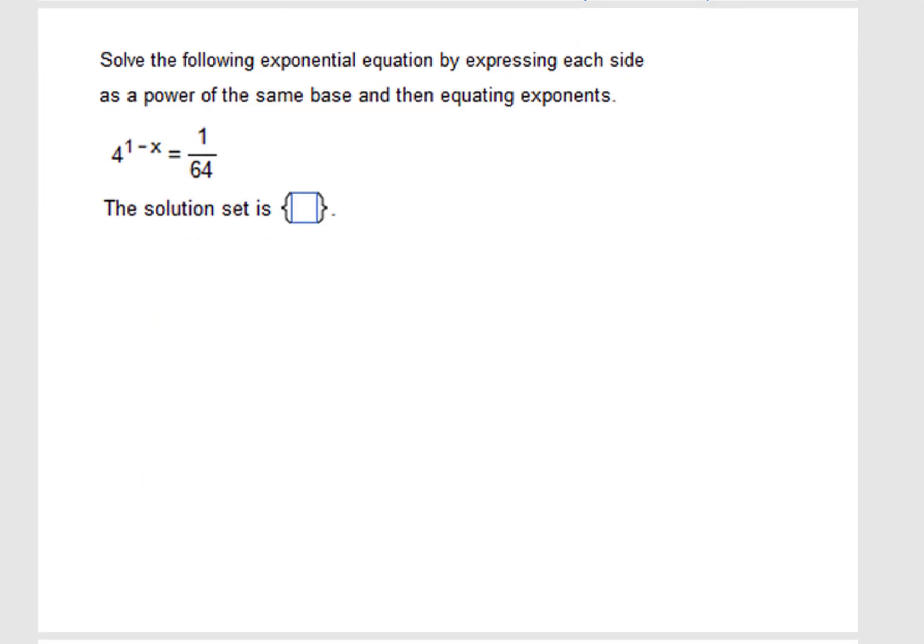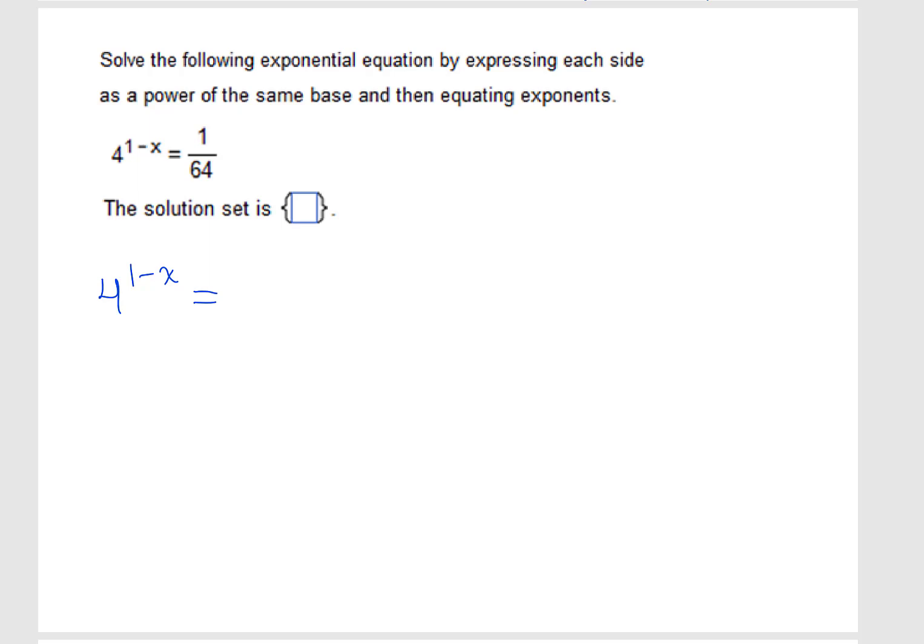So this one makes us have to recall how we can express what happens with negative exponents, right? So how I can express a base that's in the denominator with that same base on the other side of the equation that's in the numerator. So over here I have 4 raised to the 1 minus x.